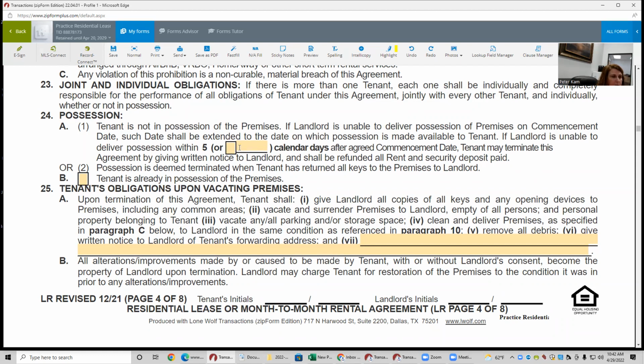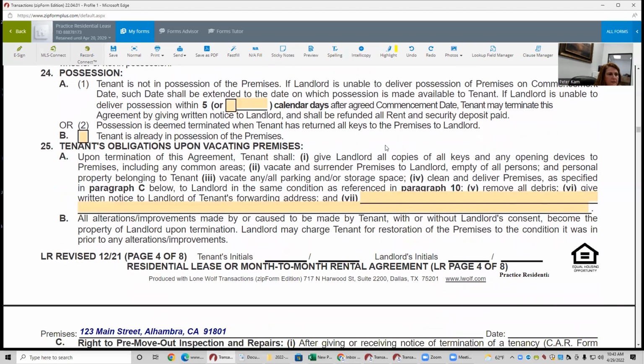So maybe there was something that needed to be repaired and the tenant didn't want to move in till it was done. That's the only thing I can think of why the possession wouldn't be delivered to the tenant in time. But that's a nice protection for the tenant. Or B, tenant is already in possession of the premises. That's normally not checked, but if that's the case, go ahead and check it.